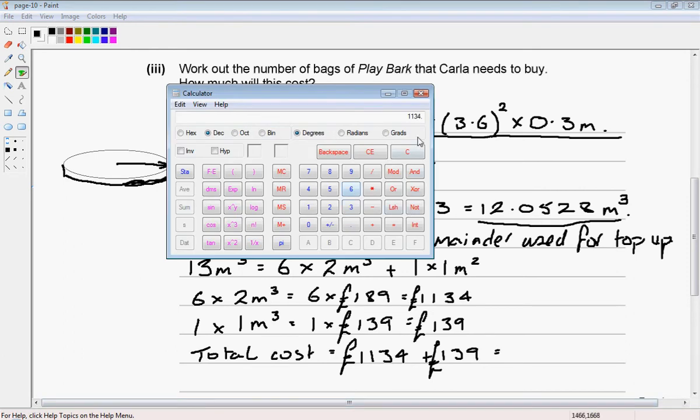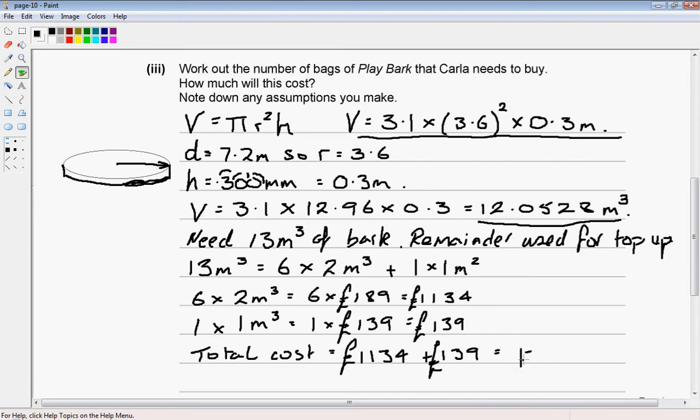Okay, so we've got the 1,134, so we add the 139 and we get 1273.